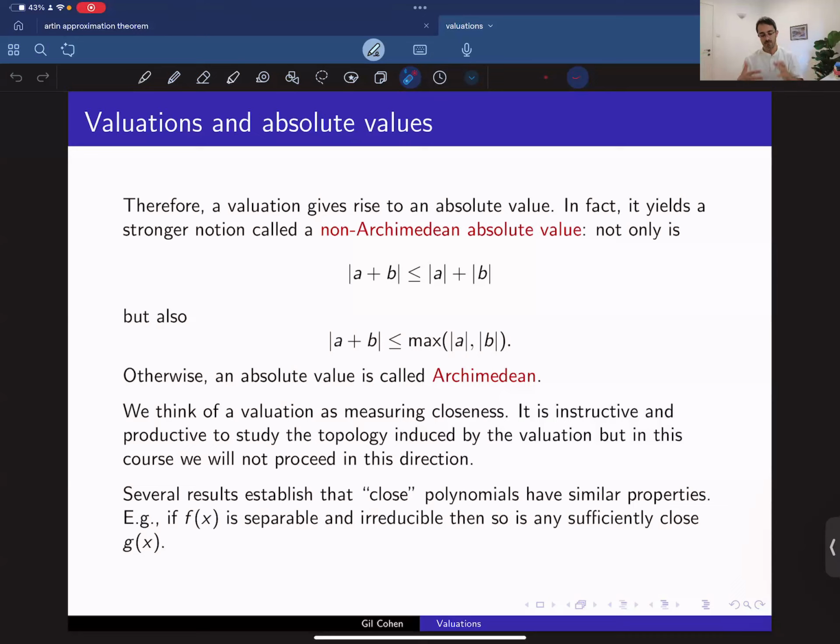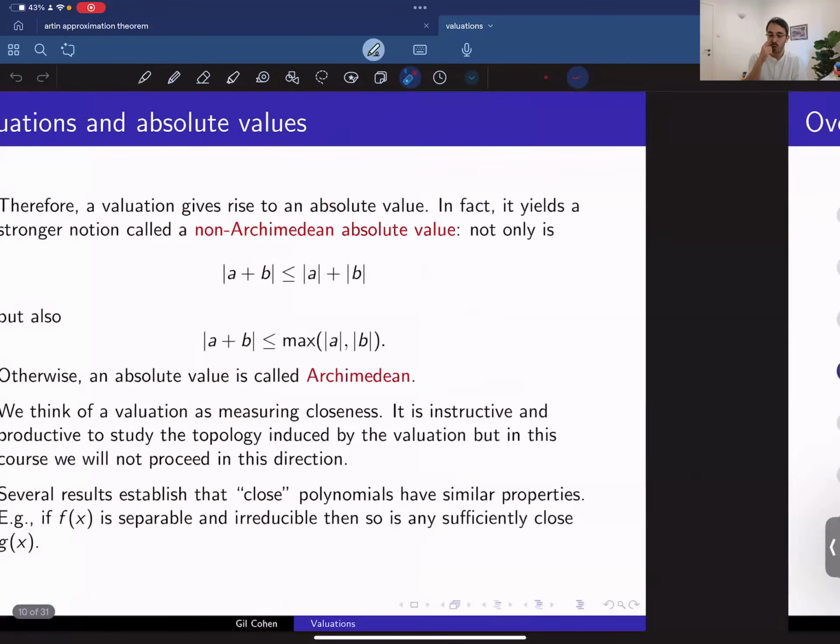There is a notion of continuity of the property. And indeed, that's the case here. So you can show that if you have a function which is separable and irreducible, then functions or polynomials that are close to it also satisfy this property. That's a direction that you can follow, but we are not going to use it anyhow.